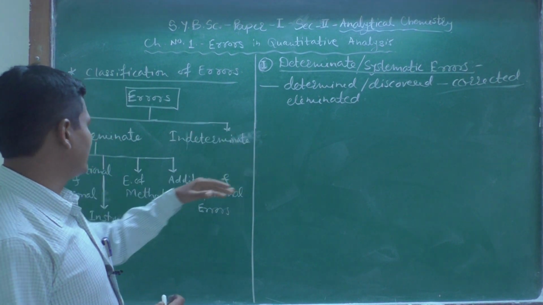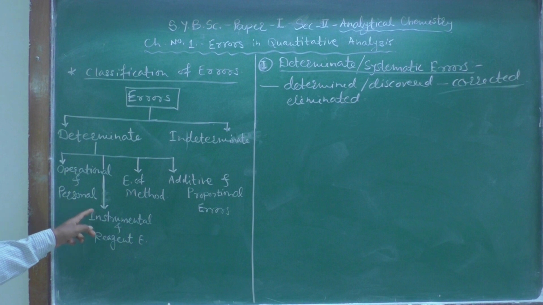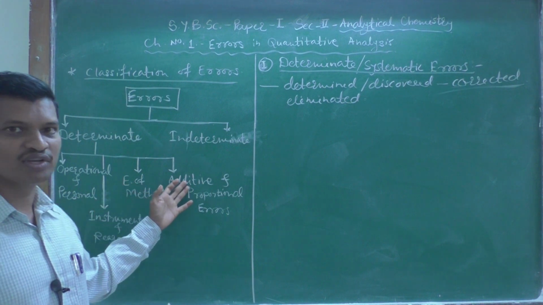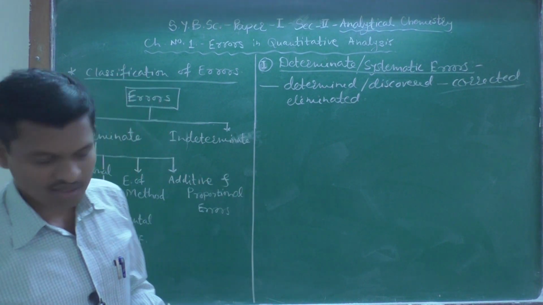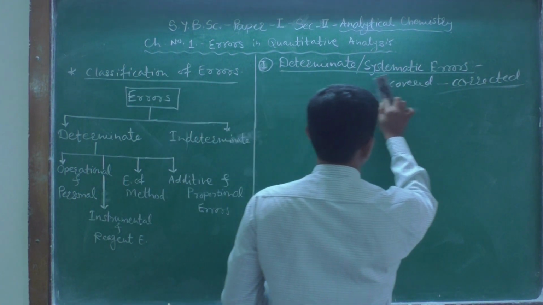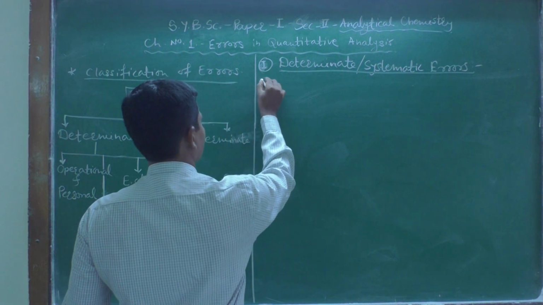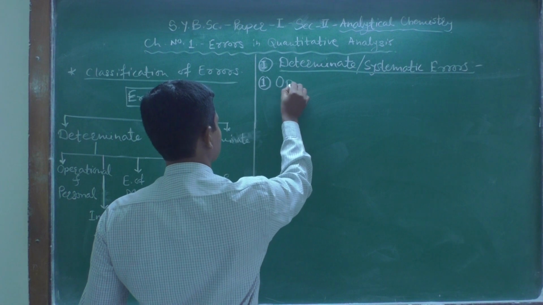These errors are subdivided into four main types: operational and personal errors, instrumental and reagent errors, errors of method, and additive and proportional errors. So let us see the first subclass of these determinate errors, and the first type is operational and personal errors.